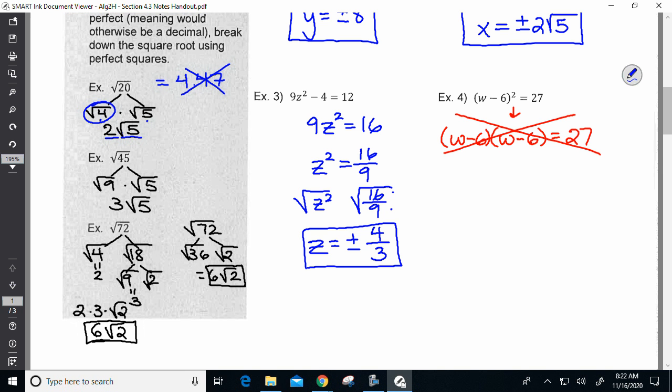Instead, this is a problem in which you can immediately take the square root. You can take the square root of a binomial if it's raised to the second power.